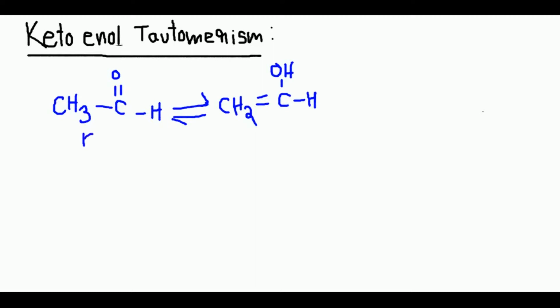This one is known as keto because you have C double bond O, that is the keto group, and the product you obtain is enol because you have alkene and OH, that is en for alkene and ol for alcohol, enol. This is known as keto-enol tautomerism. So it's very simple. I'll give you some more examples.